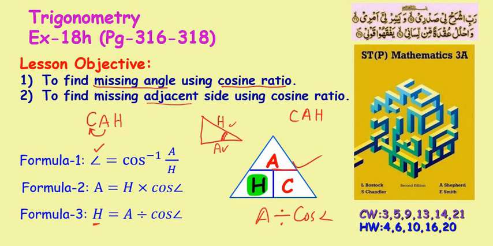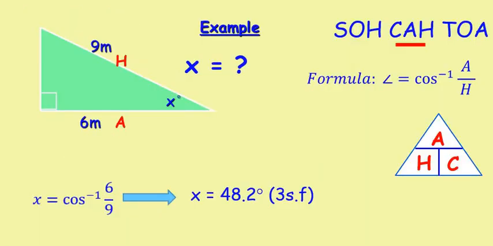Let's start the questions now. Here is an example. They want us to find the value of this angle X, and the sides given are 9 meters, the hypotenuse, and 6 meters, the adjacent according to this angle. This is the longest side, so it is the hypotenuse, and this side is beside this angle, so it will be adjacent.